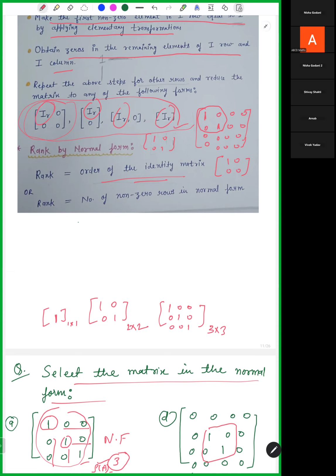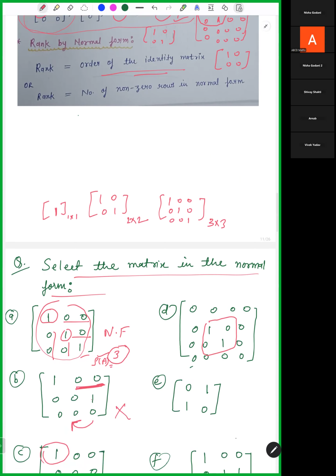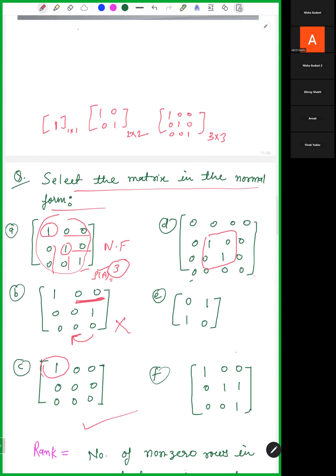Not in the middle. This matrix D is not in normal form, but it can be converted to normal form if you interchange some rows or columns, if you apply some operations. But at present it is not in normal form.